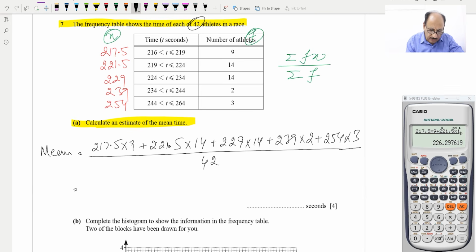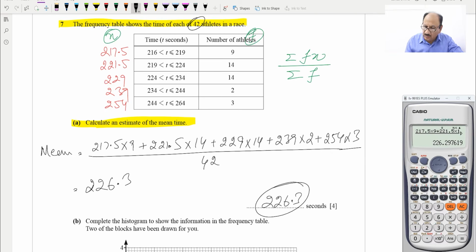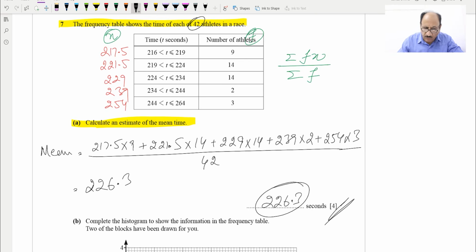We can take 226.3 as our final rounded answer, and this is for 4 marks. This is how we can do this.